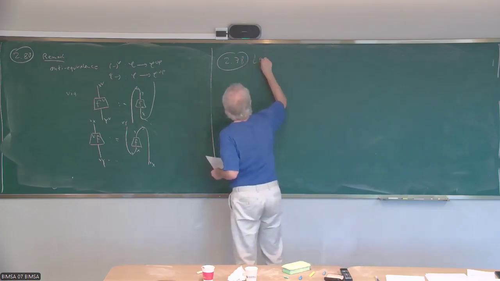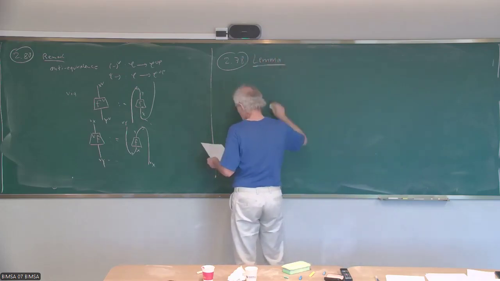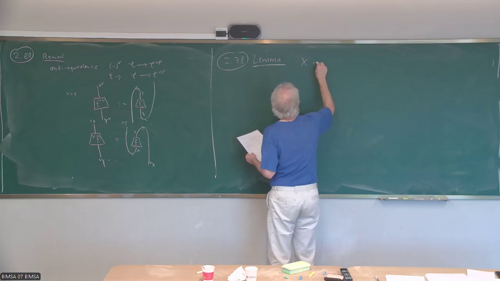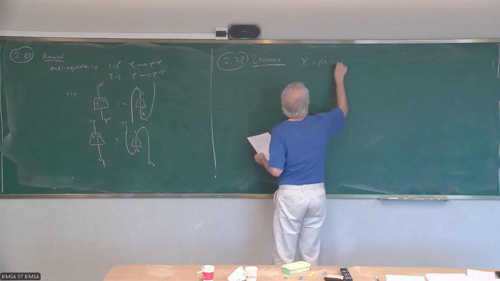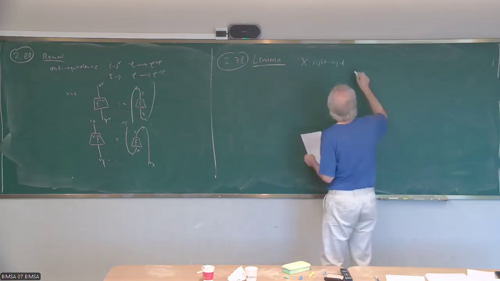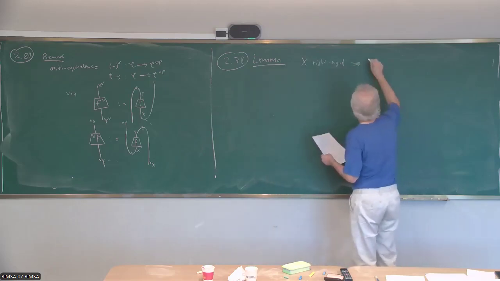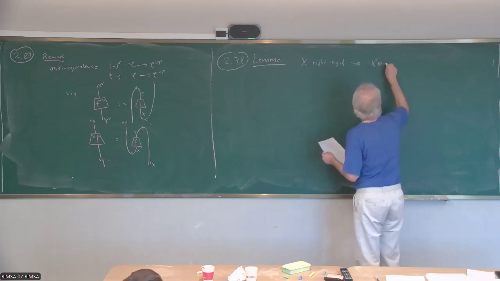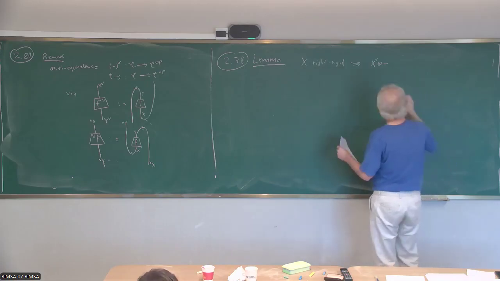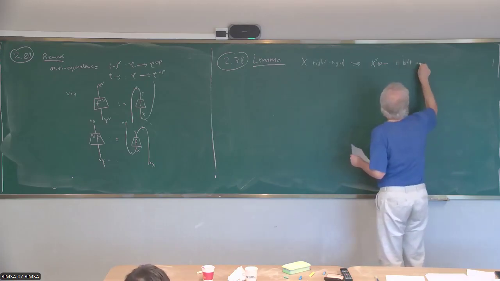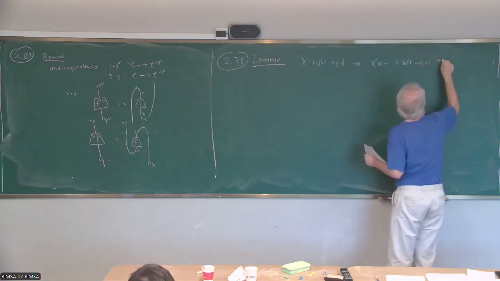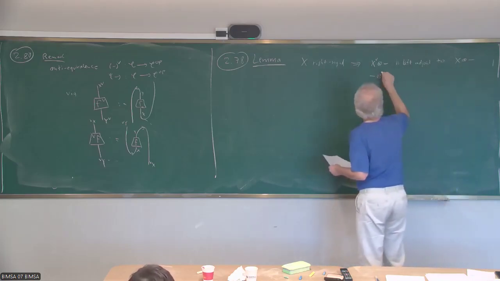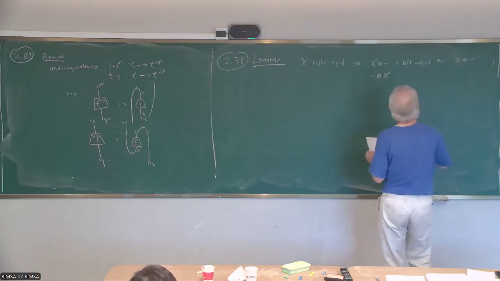the following lemma. If X is right rigid, then the functor of tensoring from the left with X is left adjoint to the functor of tensoring with X, and tensoring from the right with X dual is right adjoint.